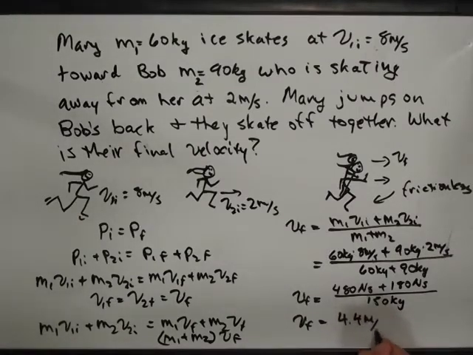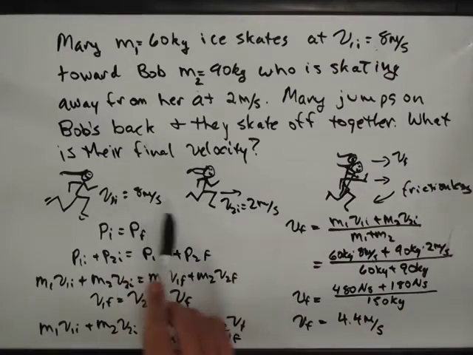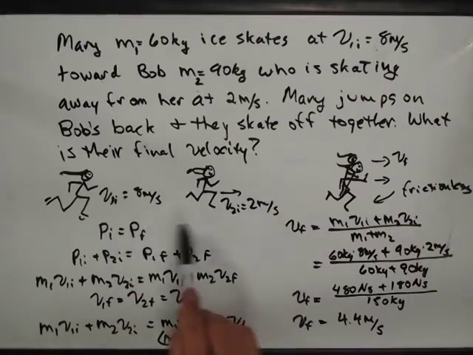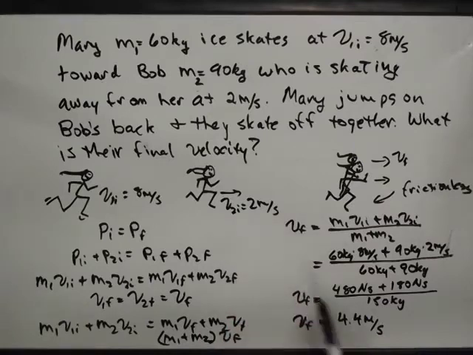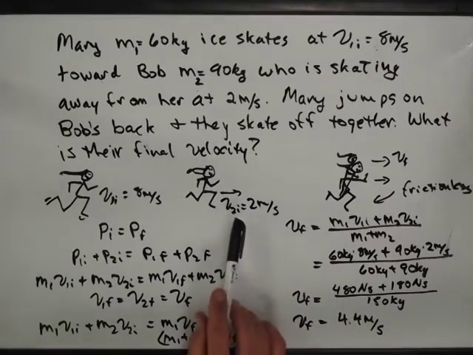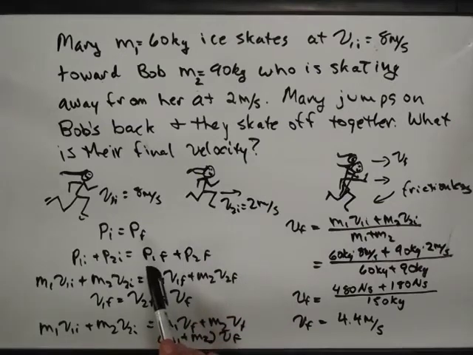That's 4.4 meters per second, their final velocity. It's reasonable. It kind of checks out. It should be between those two. You wouldn't expect them to be going faster than 8 or slower than 2, so it's somewhere in between, a little closer to Bob's because he has a little more mass.